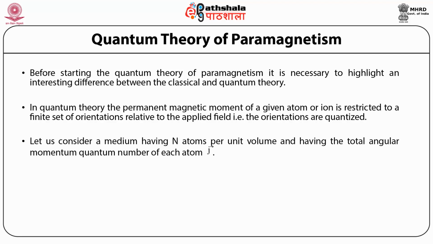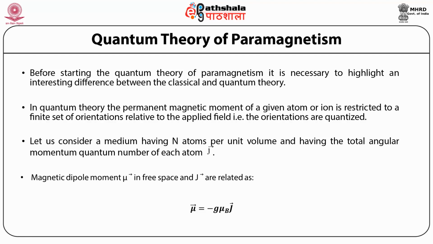So let us consider a medium having n atoms per unit volume and having the total angular momentum quantum number of each atom as J. The magnetic dipole moment mu in free space and J are related as mu equals minus g mu B J, where J is equal to L plus S. We know that this J is the total angular momentum, L is from orbital and S is from spin.